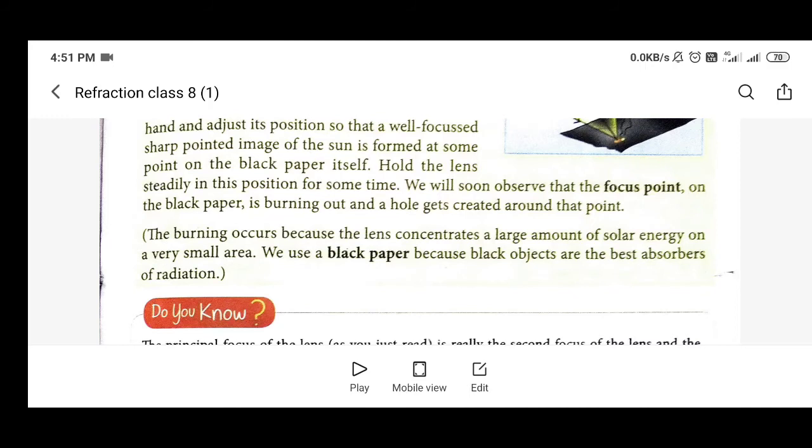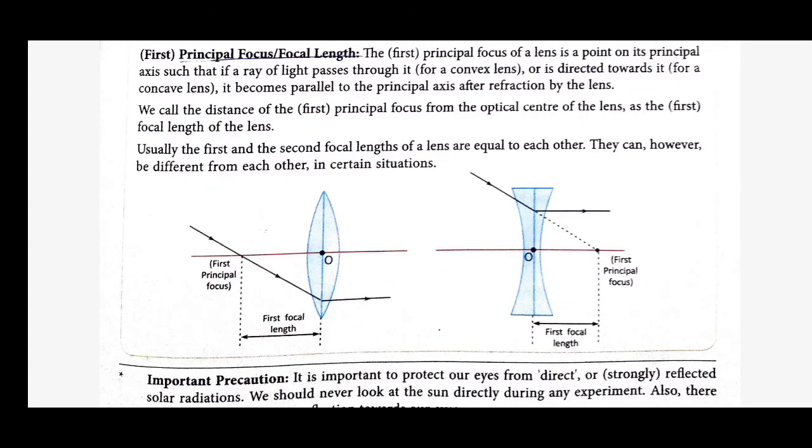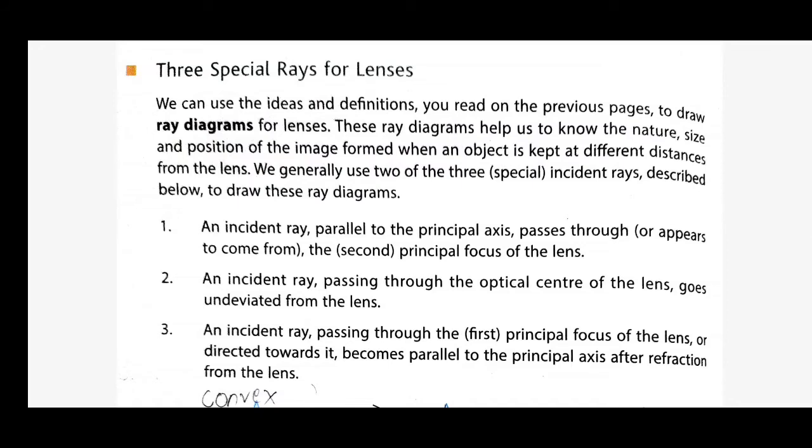Now we have to draw the images. For this, we have some special rays with the help of which we can draw the images. There are three important rays with the help of which we can draw the images.